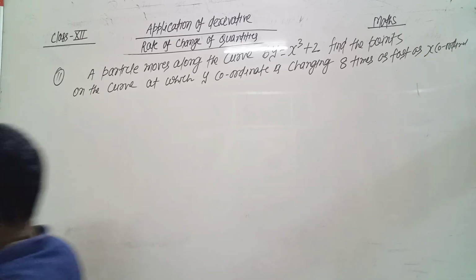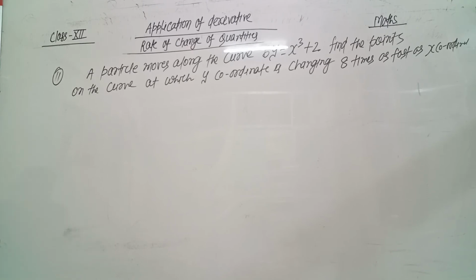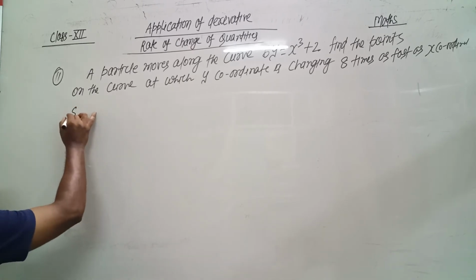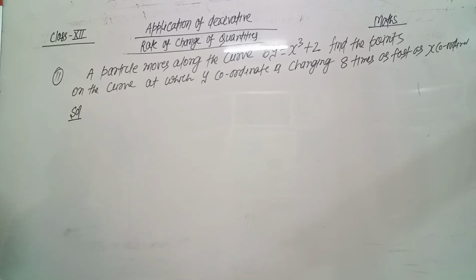So, in this question, we are given that a particle moves along a curve, and the equation of the curve is 6y equals x cube plus 2.